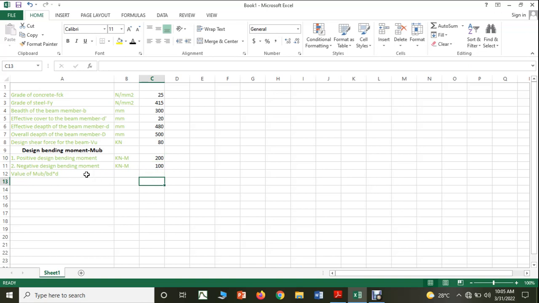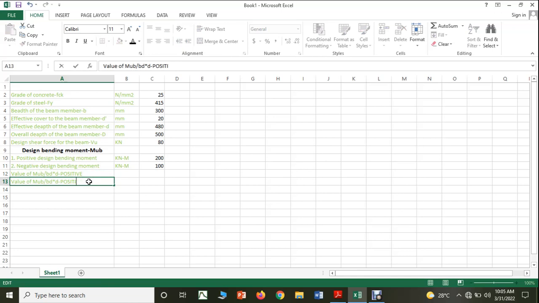Similarly, for the value of Mu by bd square, you write positive, and the same thing you copy here, but here you make it negative. Here you are supposed to do it 2 times.